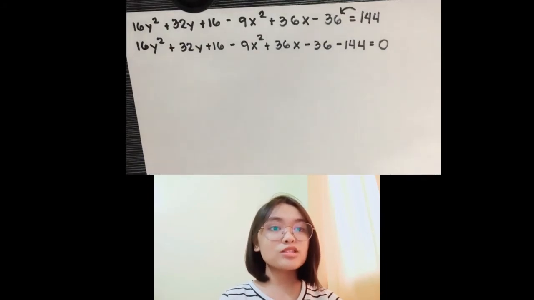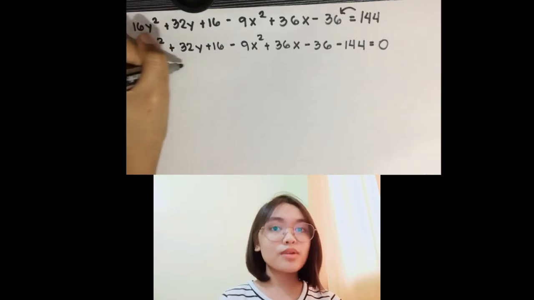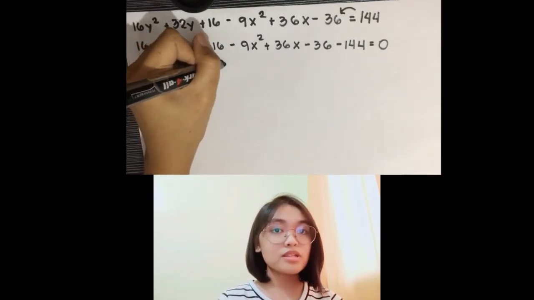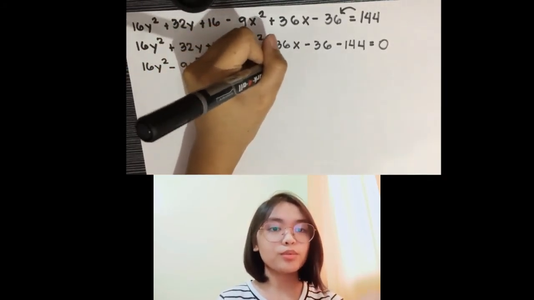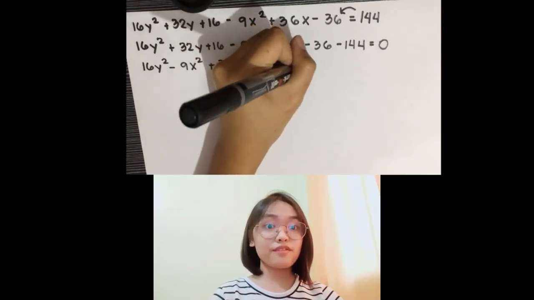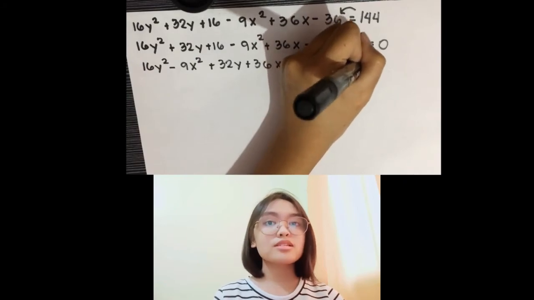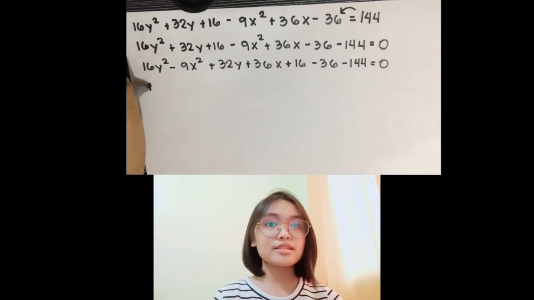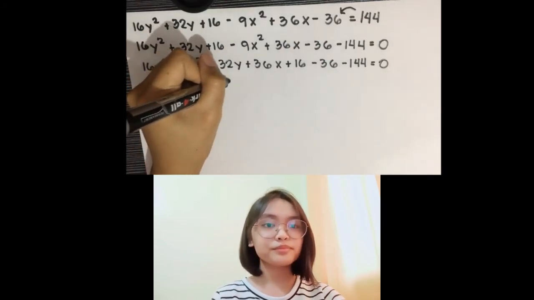The next step is to combine all the like terms to get the final answer, 16y squared minus 9x squared plus 32y plus 36x minus 164 equals 0, as the general form of the equation.